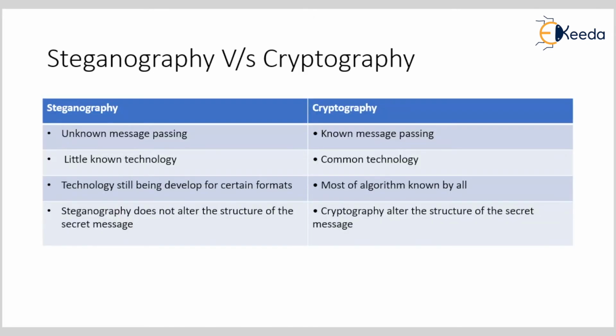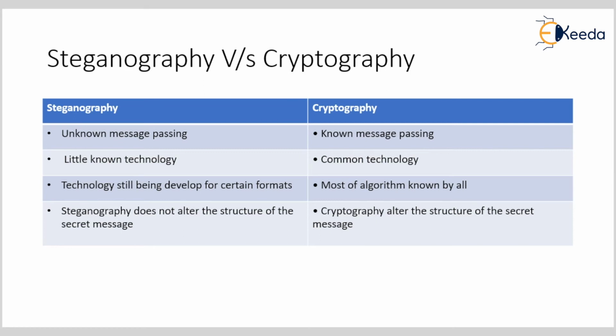Now let's see how we can compare the steganography technique with the cryptography technique. We have already learned what cryptography is. Now in steganography, unknown message passing takes place. Unknown message passing means when we protect our data, we hide the messages with different messages.